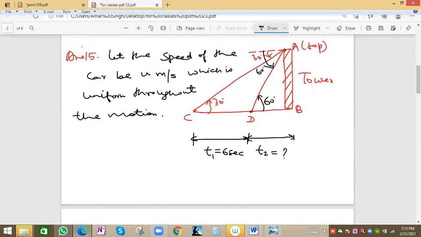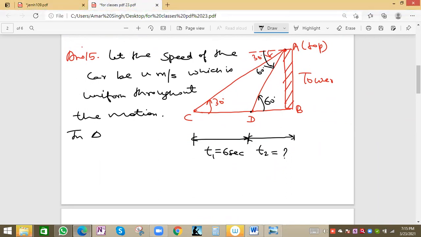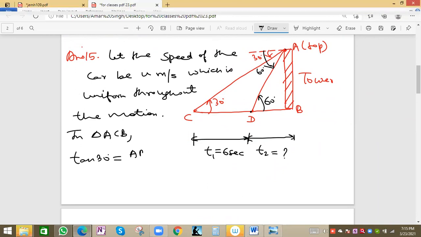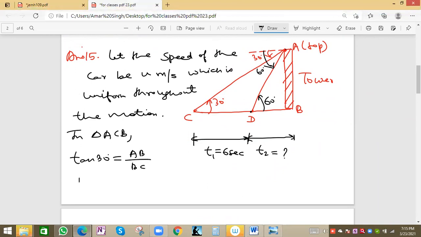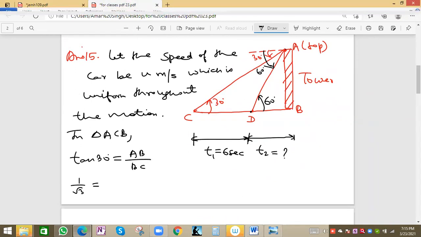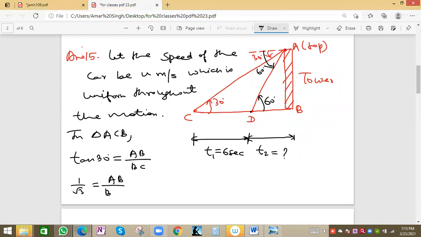Now, we'll follow the same process. We'll take the right angle triangle ACB. In the right angle triangle ACB, tan 30 will be equal to AB by BC. tan 30 is basically 1 by root 3, AB we don't know, by BC.